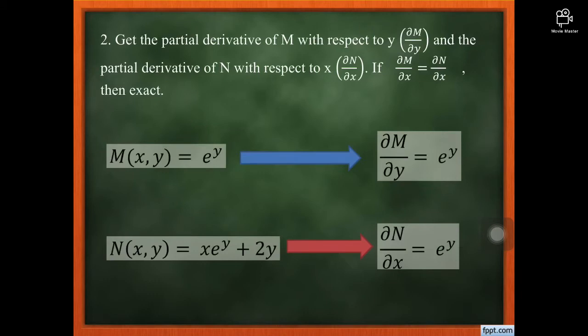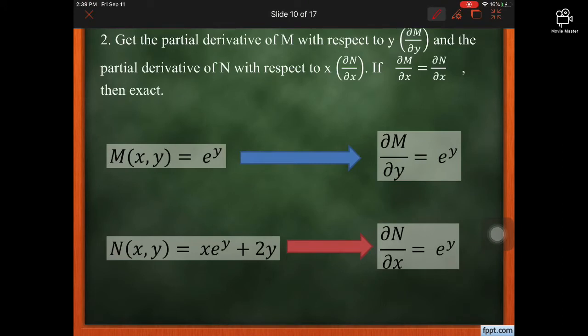In this case, we need to treat y as a constant, and only x is derived. Deriving x gives us e raised to y, and deriving 2y is equal to 0 because the derivative of a constant is equal to 0.